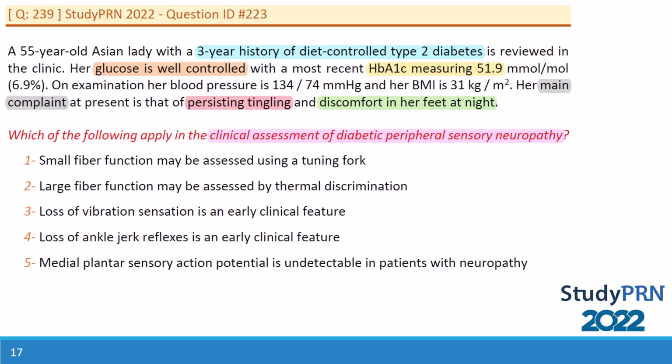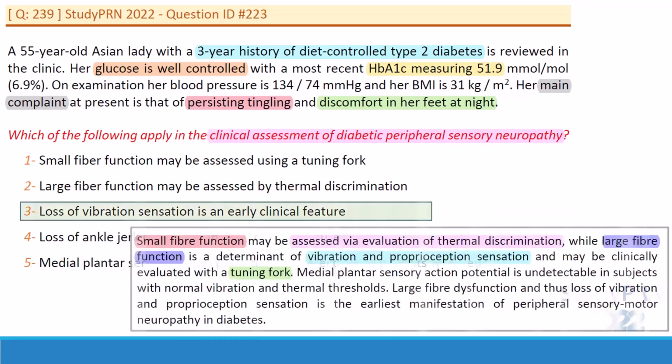Loss of vibration sensation is an early clinical feature. Small fiber reduction is evaluated by thermal discrimination, while large fiber is evaluated by vibration perception and proprioception sensation.